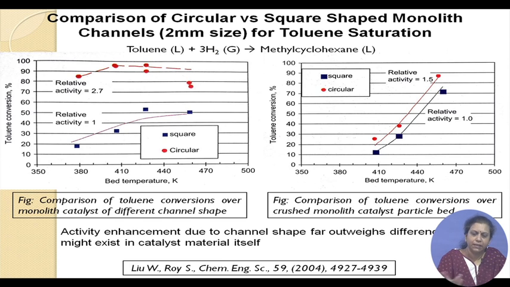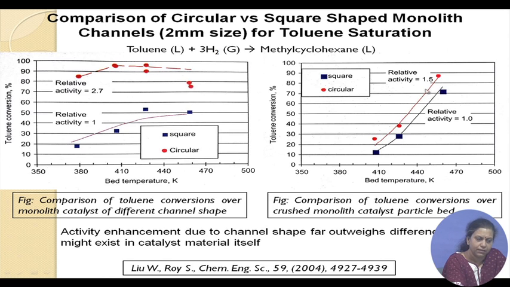When they crushed it, the shape factor is no longer there, and then they tested the activity in a trickle bed reactor configuration with silicon carbide as the diluent. So here they were testing with circular and square monolith reactors, and in this case with crushed catalysts.